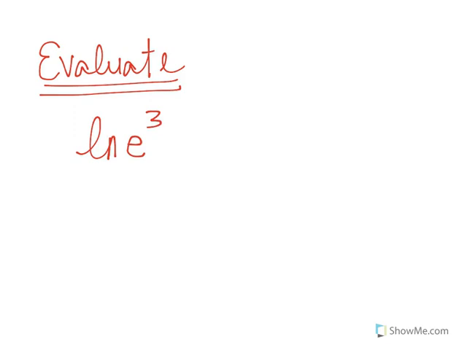So if you recall from earlier in the lesson, ln of e is one of those special values that I recommended you memorize. Ln of e is equal to 1. The common mistake is that students see a problem like this and they say, oh, okay, so ln of e is 1, and then they do something like 1 cubed, and then they get 1 is the answer, and that's actually incorrect.